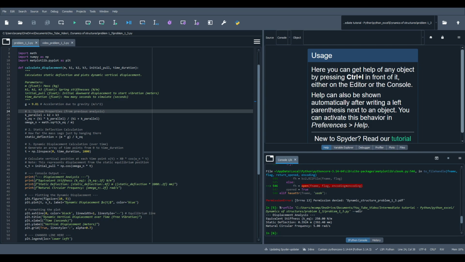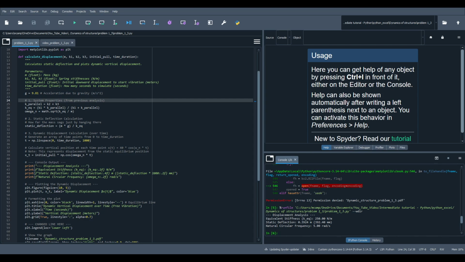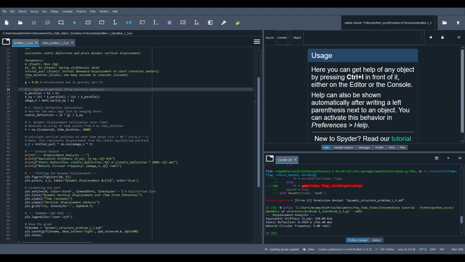After, we calculate kappa parallel, which is kappa2 plus kappa3, and kappa equivalent is equal to the formula we calculated before. Omega n is the square root of kappa equivalent over m, and static deflection is mg over kappa equivalent.